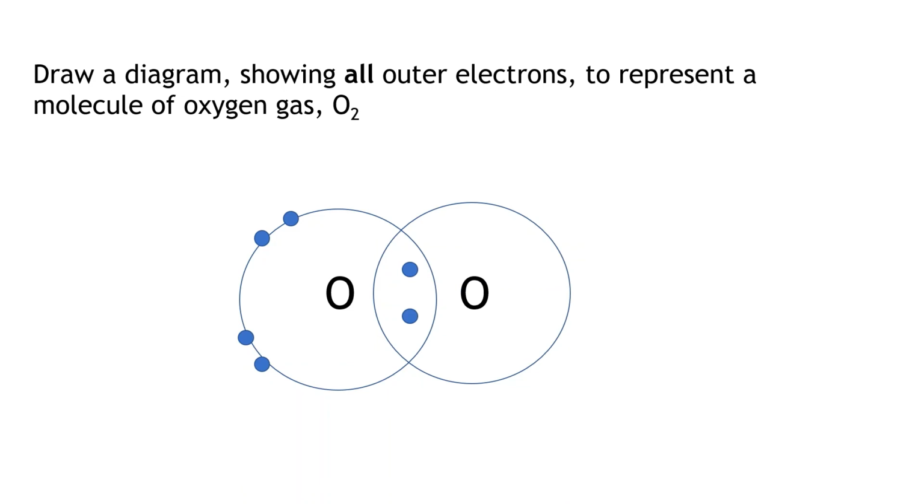We're going to put its 6 electrons as crosses in its outer energy level, and we've paired 2 of them up to form a double covalent bond. So that's our completed electron sharing diagram for an oxygen molecule, in which we've got 8 outer electrons here and 8 outer electrons here, with 2 shared pairs of electrons in the middle.